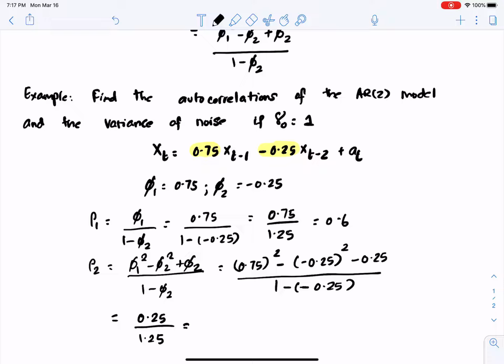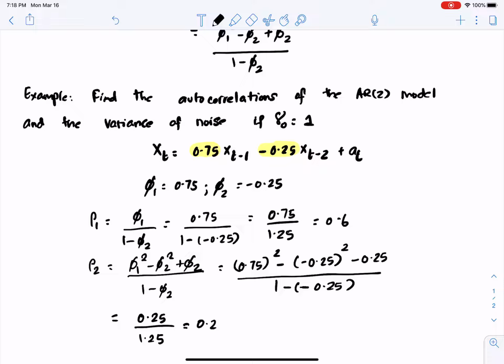We have 0.2. So in a calculation like this, if you determine the values of rho 1 and rho 2, and by some chance you have rho 1 or rho 2 exceeding 1, then there is a mistake somewhere, because we know that autocorrelation cannot exceed 1 or go below -1.